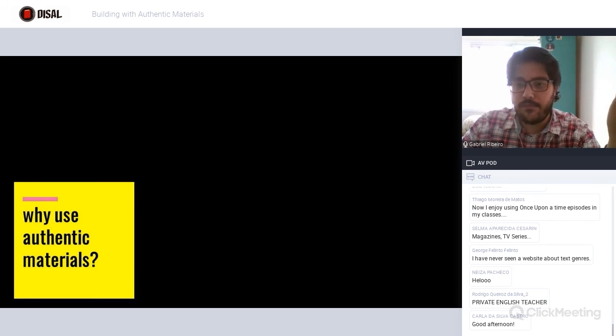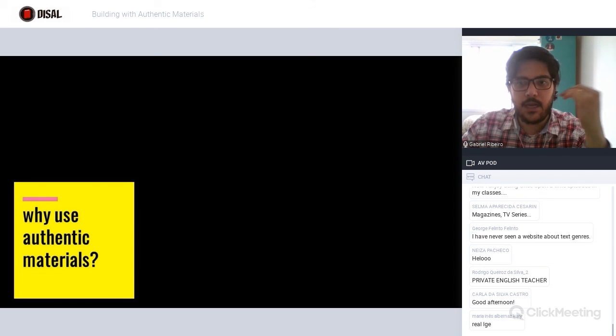So if we have a lot of materials that were already prepared, we can use a lot of textbooks for English. We can use, yes, Vanina's already spoiled one of those. It's real language, yeah. But when we're talking about English as a second language or a foreign language, we are talking about a language that has a lot of resources, right?